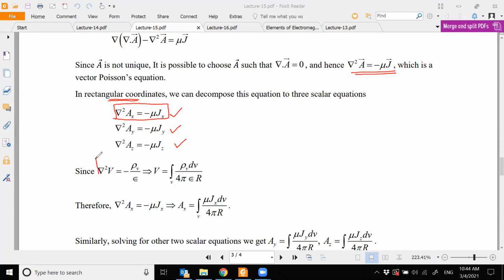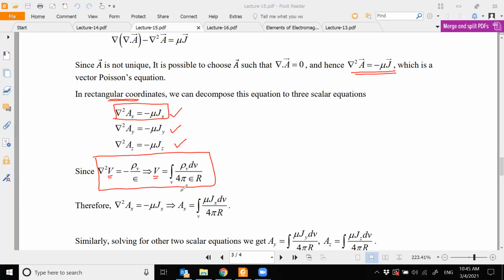So this I'm borrowing from electrostatics: if this is my Poisson's equation, del square V is minus rho V over epsilon, then I get the potential V as the integral over V of rho V dV over 4 pi epsilon R. Remember, we derived the potential due to any charge; we started with a point charge and then generalized it to line charge, surface charge, and volume charge.